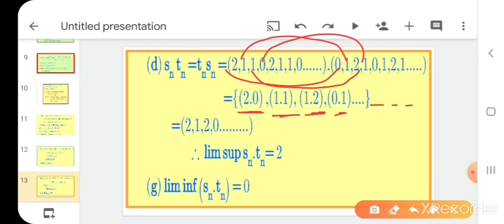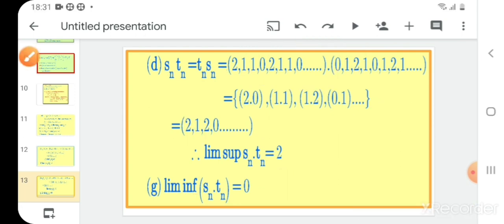What we get? 2 into 0 is 0. 1 into 1 is 1. 1 into 2 is 2. 0 into 1 is 0. These are the elements of Sn into Tn: 0 1 2 0, 0 1 2 0, 0 1 2 0, like this. Now we write limit supremum of Sn into Tn. Supremum means maximum value. 2 is the maximum value. Similarly, what is limit infimum of Sn into Tn? 0 is the minimum value of Sn into Tn. Okay. That's it.